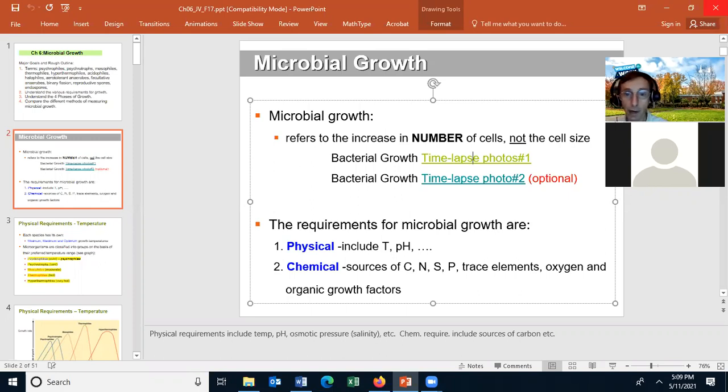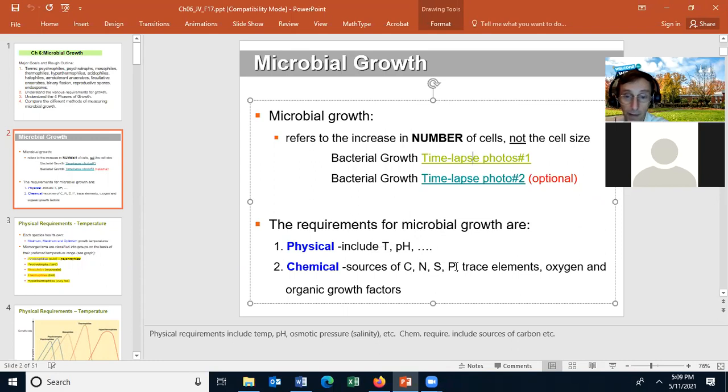There are requirements for microbial growth. There are physical requirements and chemical requirements. Physical requirements mean that the microbe has to be at the correct temperature, the correct pH, the correct osmotic pressure, usually meaning the correct salinity, etc. The chemical requirements for growth are that microbes have to have a carbon source, a nitrogen source, a sulfur source, a phosphorus source.